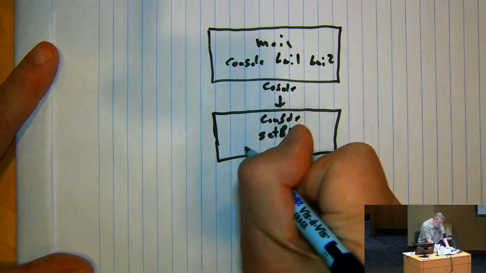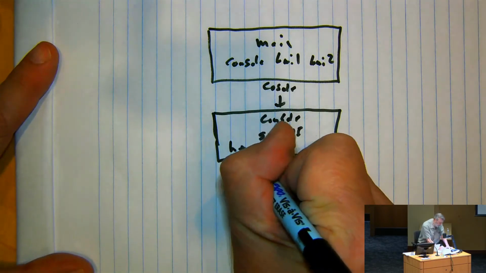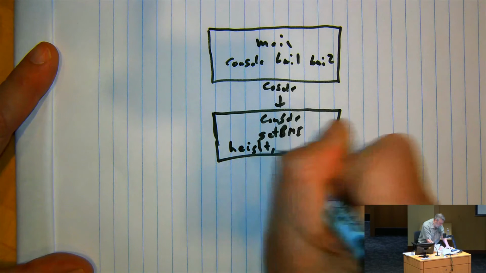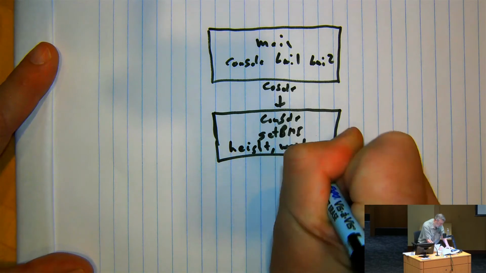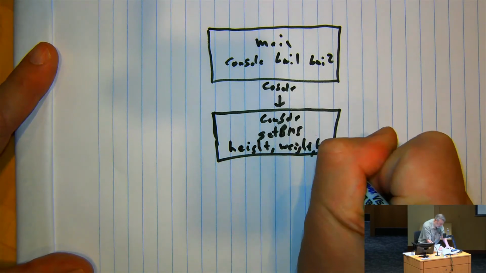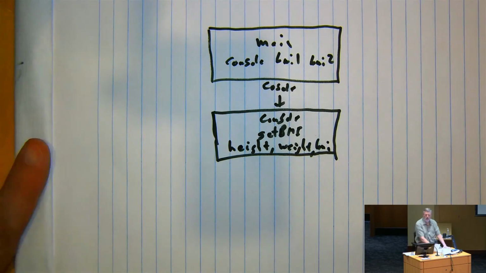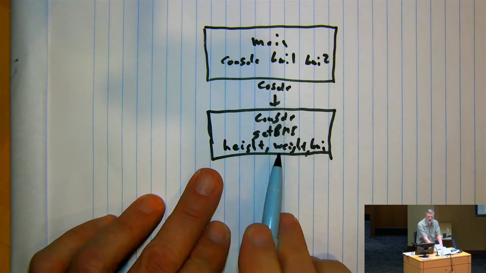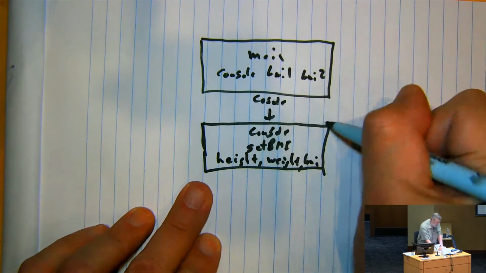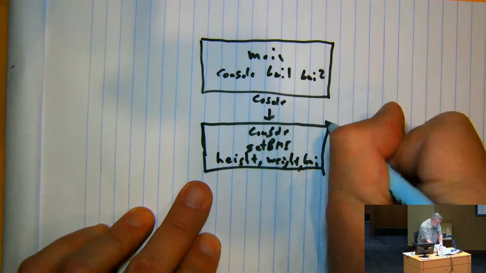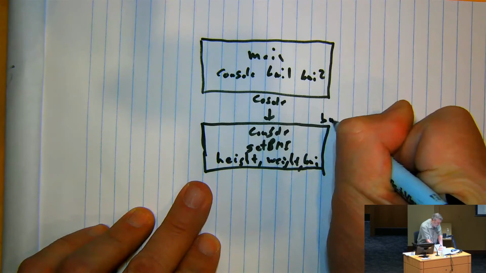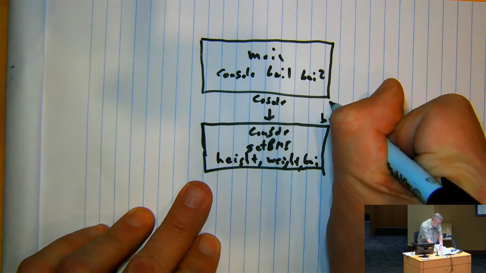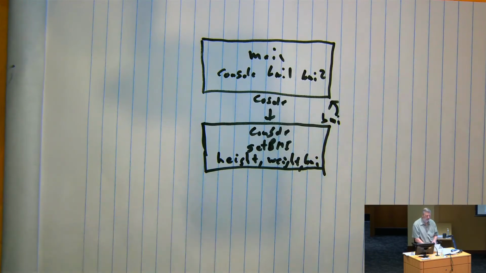And getBMI had variables for height, weight, and BMI. So it introduced local variables for the height and the weight and the BMI. That's what we did inside of this method here. And it returned something. So basically the BMI value here got returned back to this method here.